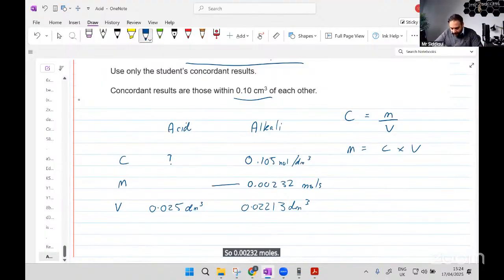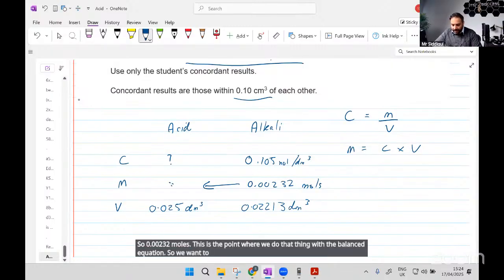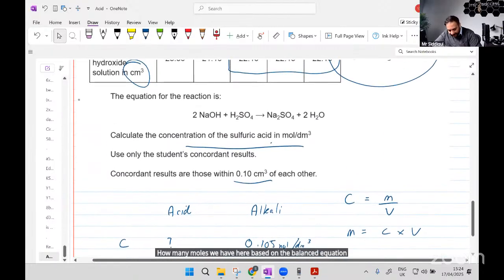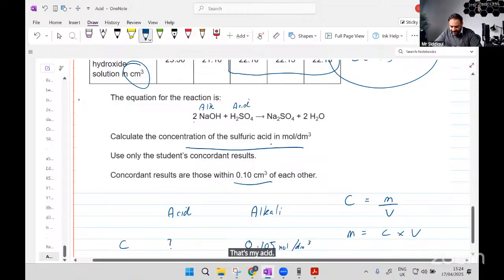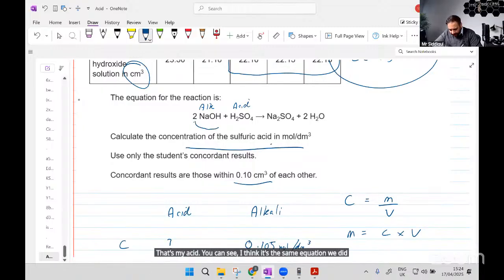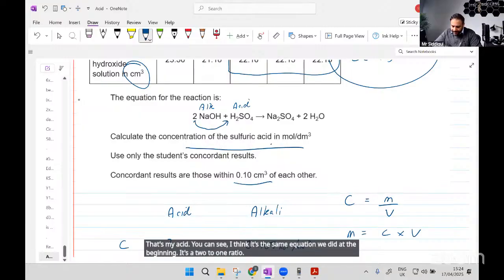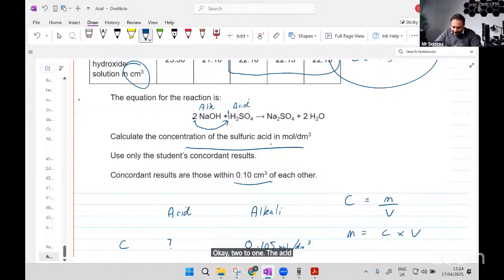This is the point where we do that thing with the balanced equation. So we want to check how many moles we have here based on the balanced equation. So once again, that's my alkali, that's my acid. I think it's the same equation we did at the beginning. It's a 2-to-1 ratio. The acid is 1, the alkali is 2, which means that the acid is a half of the alkali.